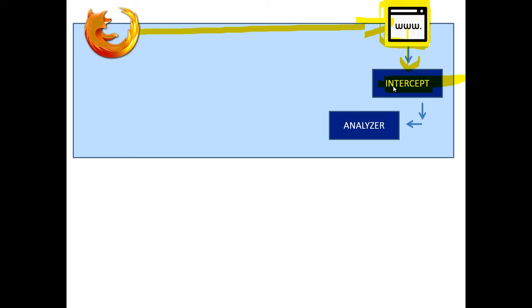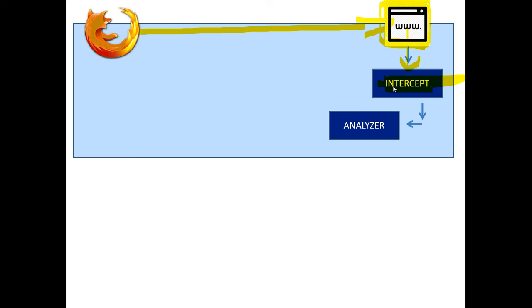Say, for example, the anchor tag. The anchor tag contains the href attribute, right? Href equal to something, and that something can be anything, like it could be code to invoke an exploit. So the anchor tag definitely requires monitoring.